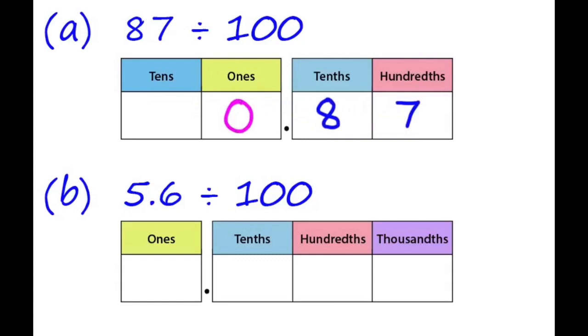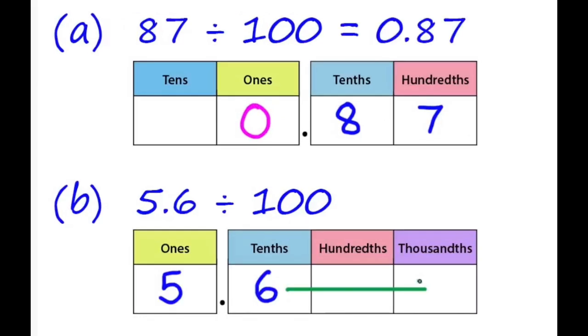Let's do the bottom one now, and then it will be time for you to do your work. So we have 5.6 divided by 100. We've put the 5 into the ones column, 6 into the tenths, and we shifted over 2 spots to the right, which means our decimals shift 2 spots to the left.